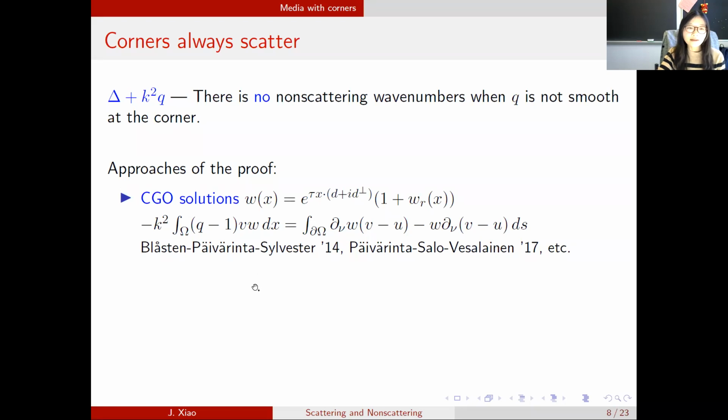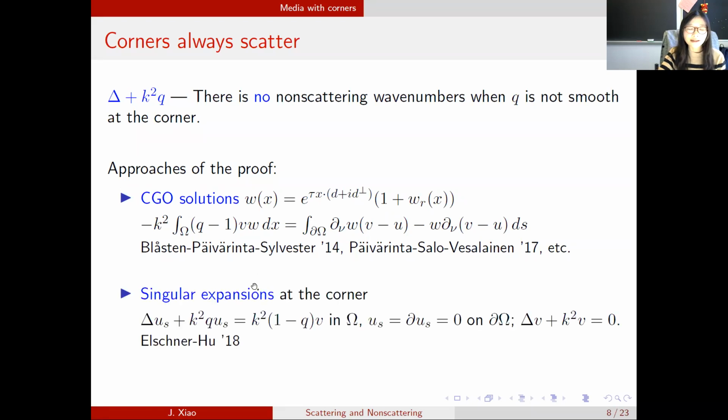And the other approach is by using singular expansion at the corner. For corners, we can use singular expansions, and this is in particular because if we think about the scattered field, or the difference between U and V in the interior transmission eigenvalue problem, then the difference will satisfy this equation inside omega.